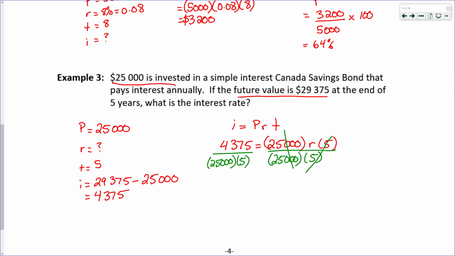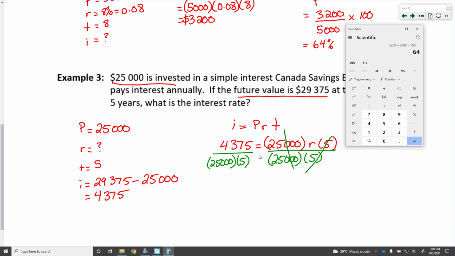So to show you again, bring out my calculator. I'm going to take that 4,375 divided by, and now I'm going to put the bottom into brackets. So divided by the bracket 25,000 times my 5, close bracket.